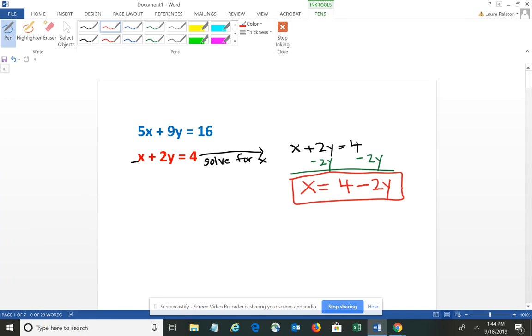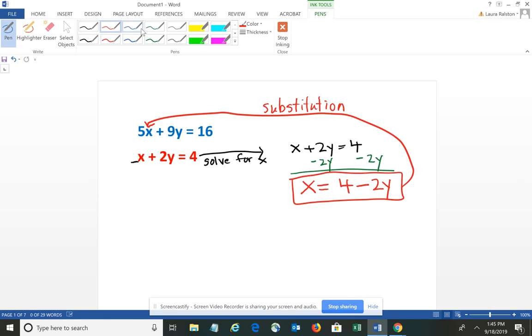Then I'm going to take this equation and substitute it into the other equation. That's why this method is called substitution. In place of x, I'm going to put 4 minus 2y.